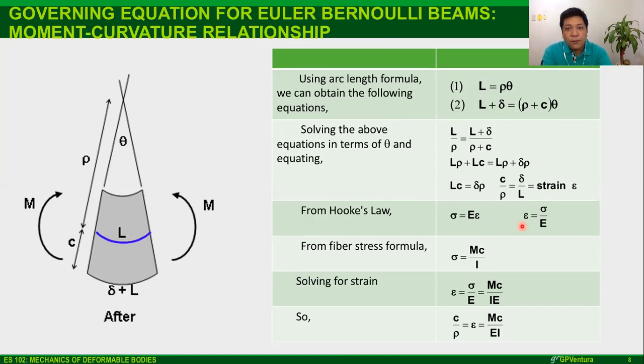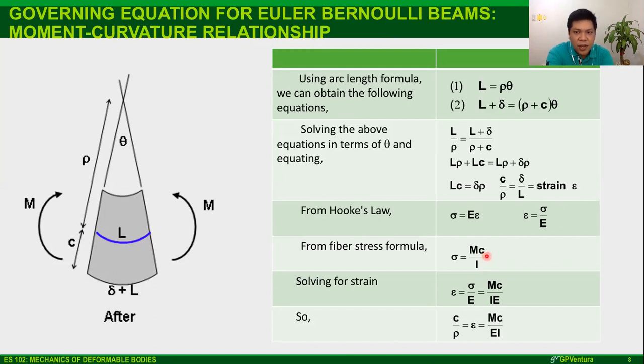And again, from our second long exam coverage, we learned that your transverse loads cause flexural fiber stresses such that sigma is equal to My over I, or in this case, Mc over I. Remember, c is the distance from the neutral axis to any point in the beam.